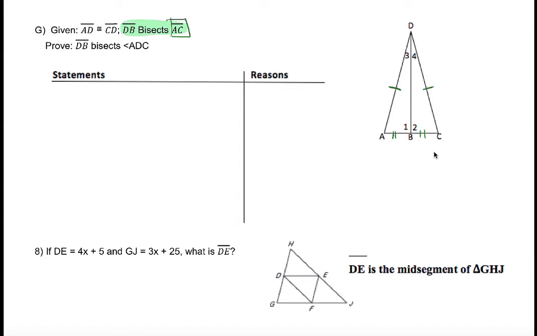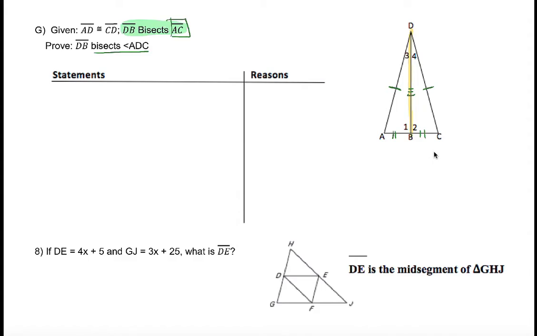We also have touching triangles. These triangles are touching in a way that they share the side in the middle, side DB. So it's very easy to prove these triangles congruent through side, side, side. If my goal is to get an angle bisector, as you see here, then I need to find the angles that would be equal from that bisector.